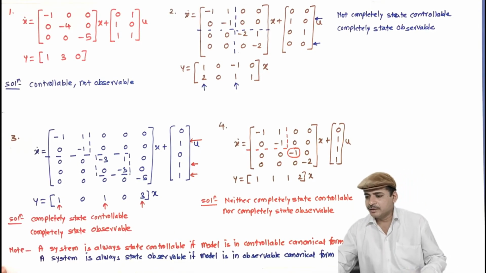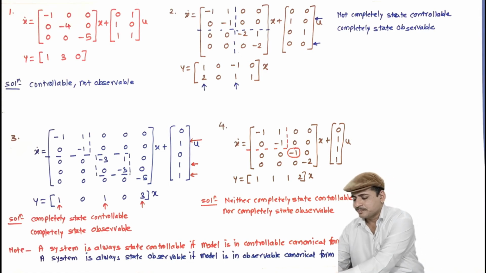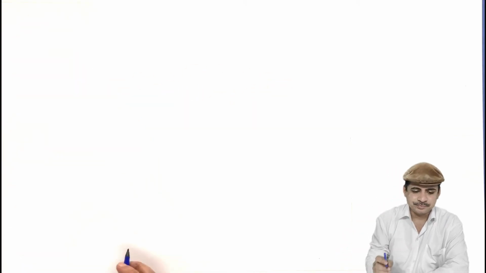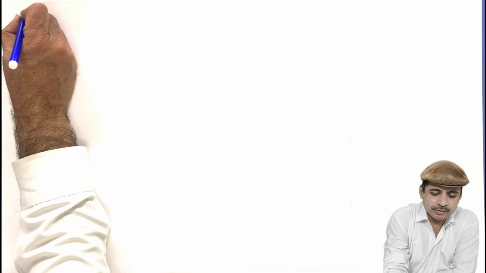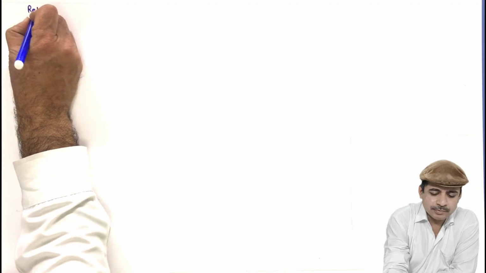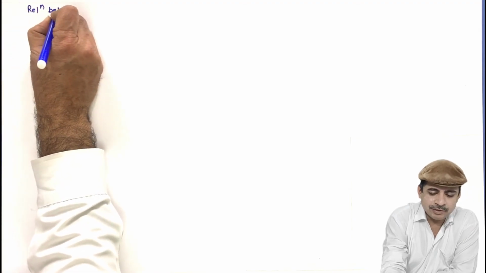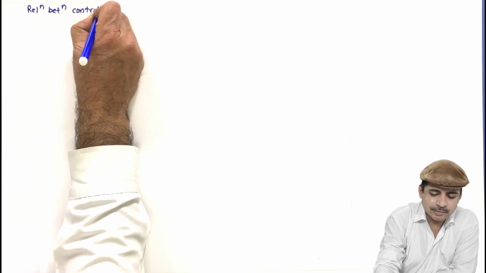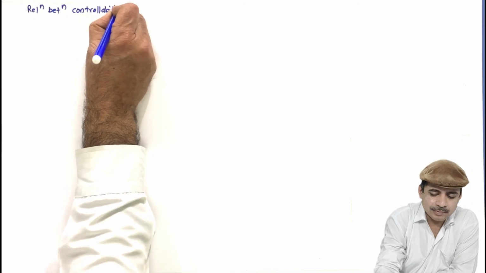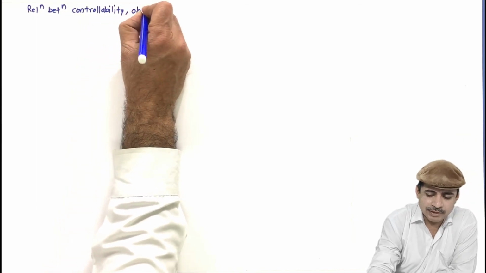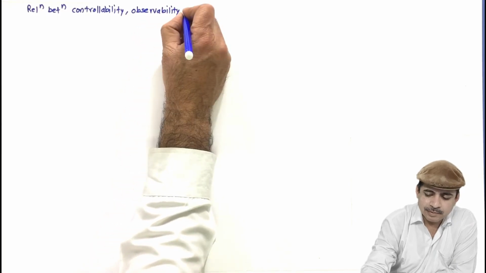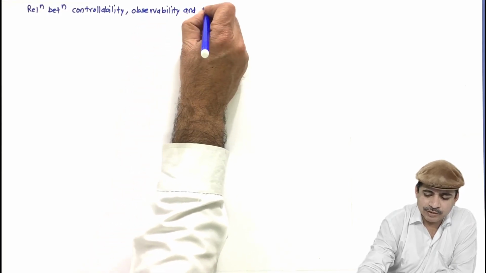Now we will see one more condition, the conditions on the state model and transfer function. So the relation between controllability, observability and transfer function.